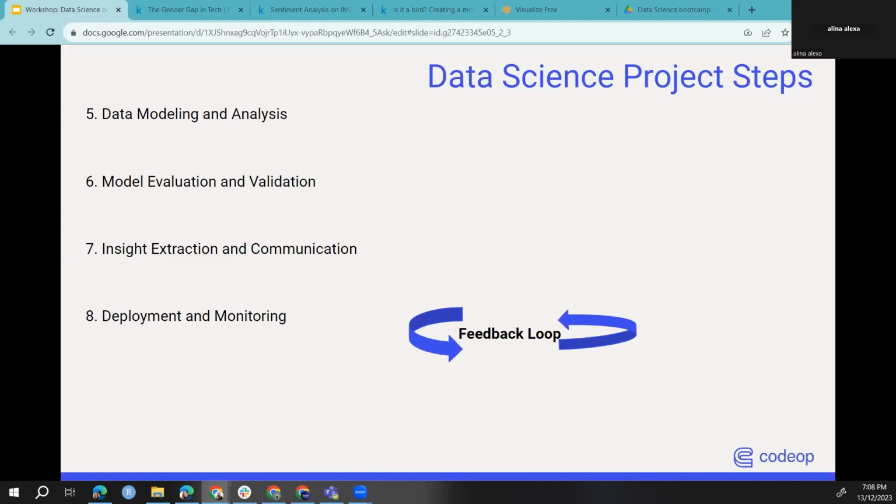So that's how a whole project will look. This can take as quick as a week or as long as months. It all depends on how much data you need, what the problem is, and obviously how easy the solution is to implement.